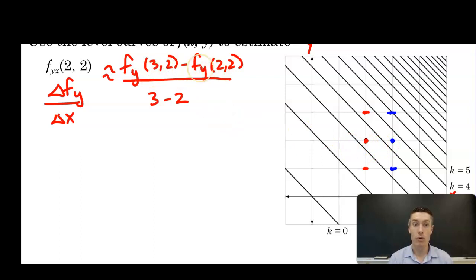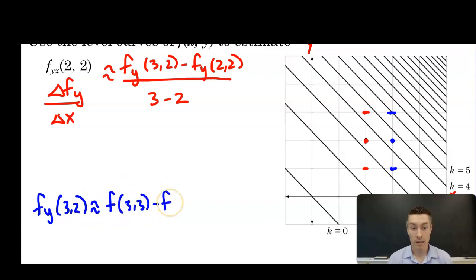And again, we need two first order partial derivatives in order to estimate this. So for the first order partial at 3, 2, we're going to evaluate the function at 3, 3 minus at 3, 1, since this is 3, 1, this is 3, 3. Those are the points that we're going to use for our estimate over the change in y, because it's the first order partial with respect to y, so 3 minus 1.